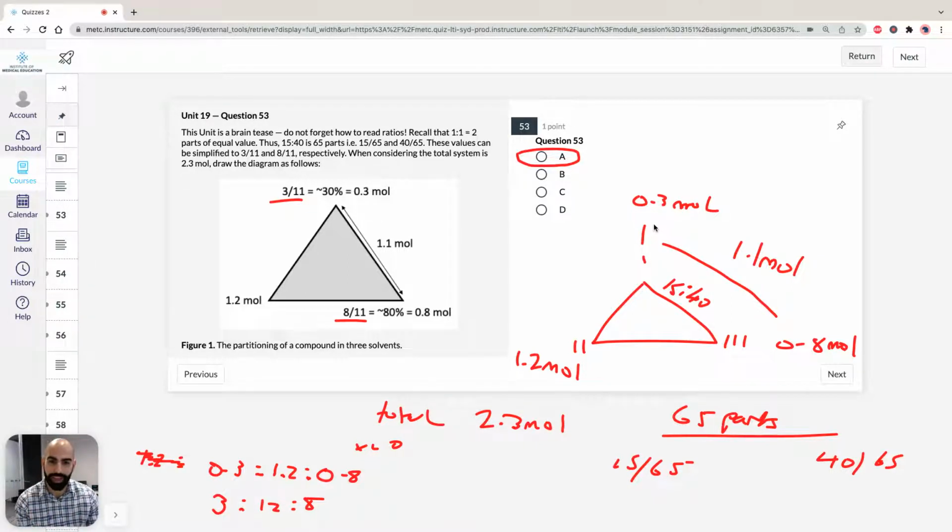They purposely made it like this so that you can just assume that 1 is going to be about 30%, so 0.3 mole, and 3 about 80%, 0.8 mole. So if you go 1 to 2 to 3, you've got 0.3 to 1.2 to 0.8. The ratios are the same, so it's going to be 3 to 12 to 8. ACER did this on purpose. That's why the answer is A.